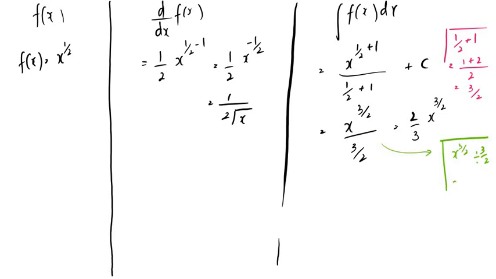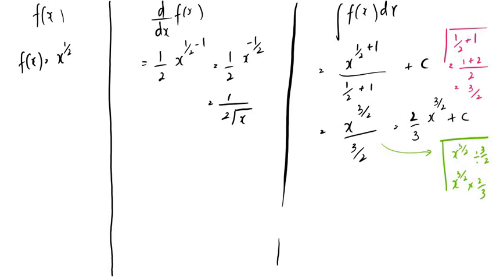So it would be x to the power 3 over 2 multiplied by 2 over 3. So dividing by 3 over 2 is equal to multiplying by the reciprocal, 2 over 3. That's what we have here, and we should also add c.